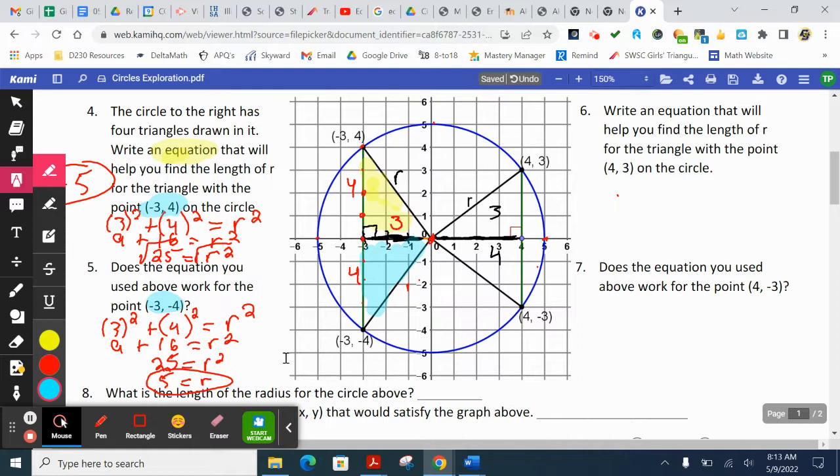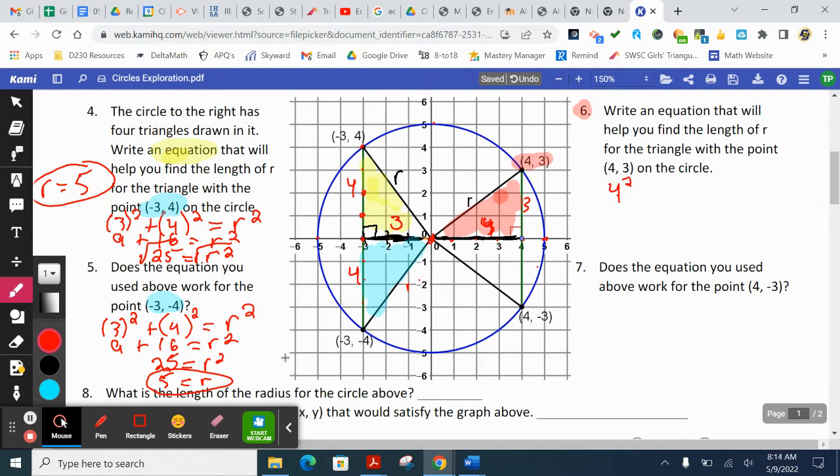If we go to now triangles 3 and 4, so now let's go to this other side, and we'll do one of these. I'll do this in red. So let's say we do this red triangle. That's what number 6 is asking you to do, the point 4, 3. The base of this one is 1, 2, 3, 4. And then the height of this one is 3. All right, so now for the third time in a row, this should be pretty obvious.